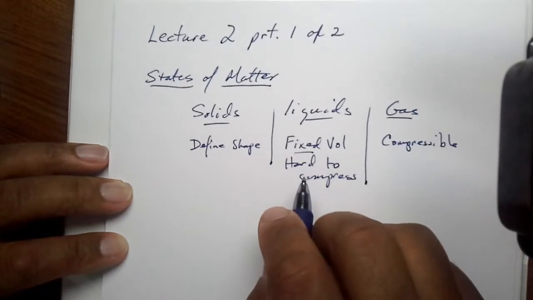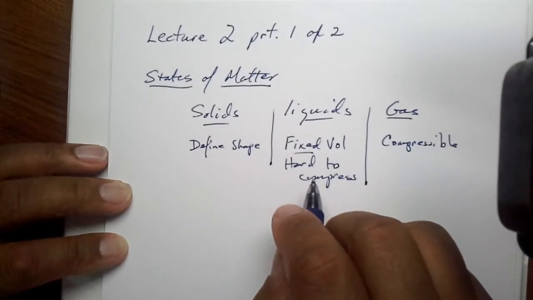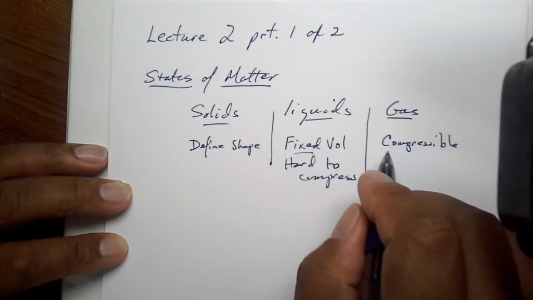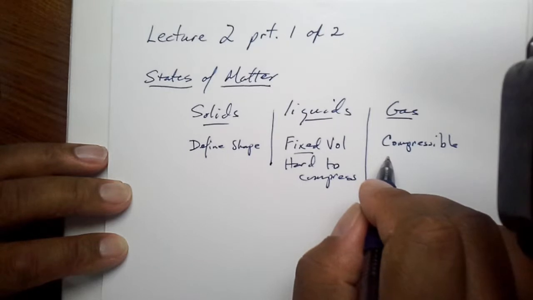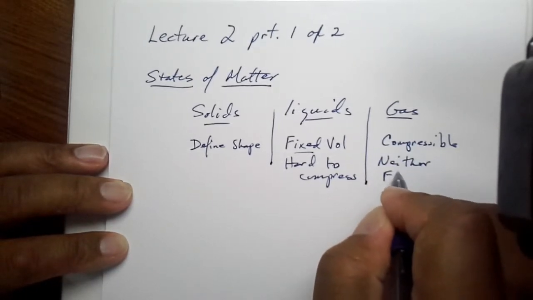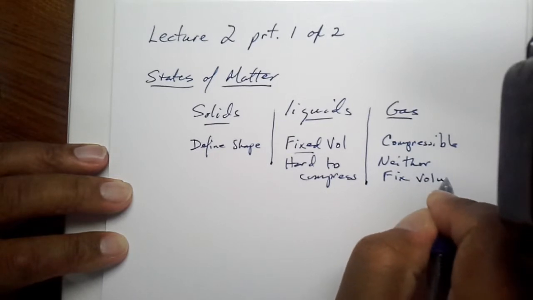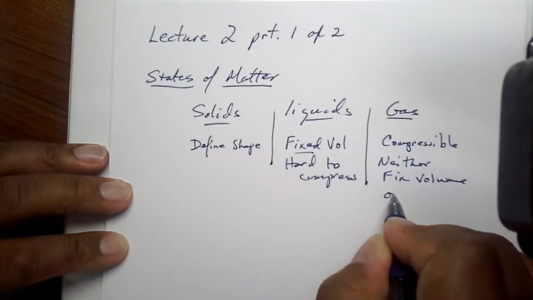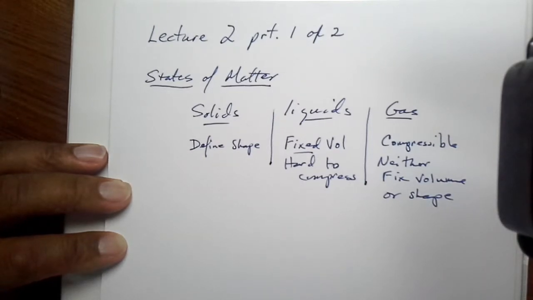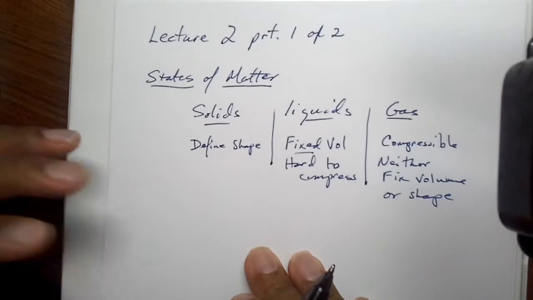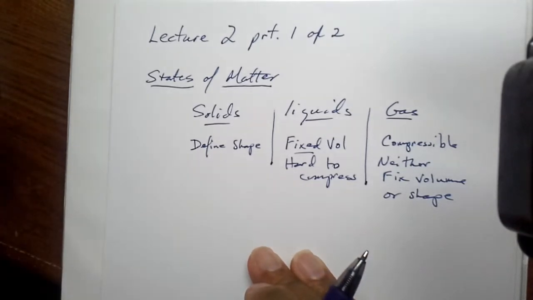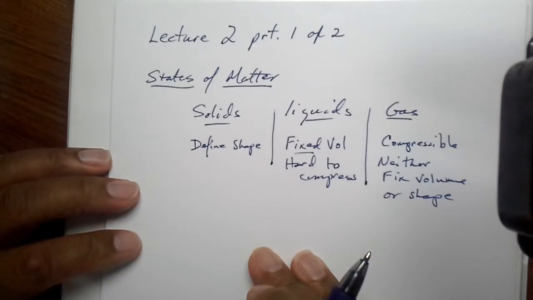You can get quite a bit of gas in a small space by compression, and they have neither fixed volume or shape. Of course, we all experience gases are freely flowing, and they can occupy an entire room or a very, very small space.